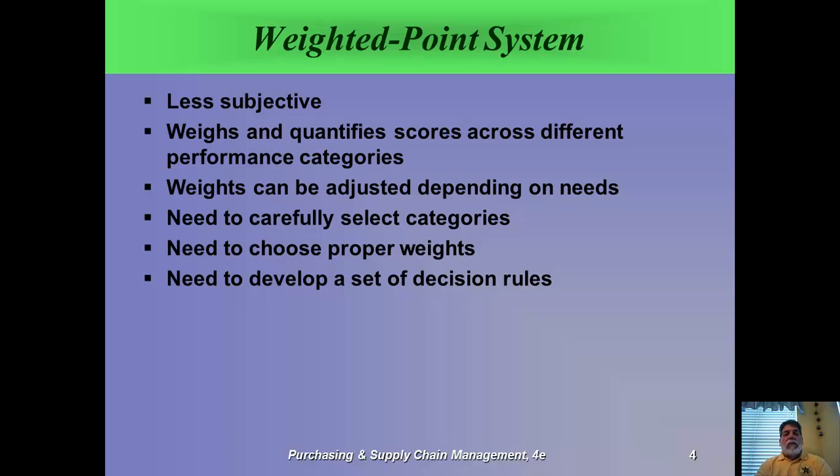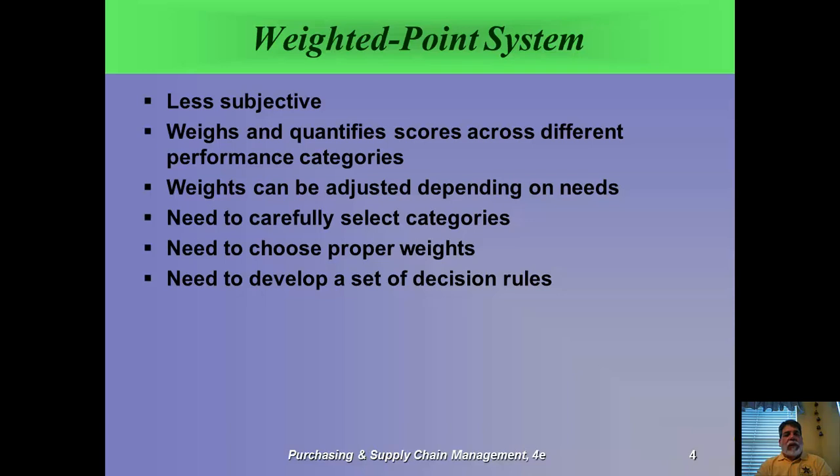Now, the weights can be adjusted depending on your needs, but I'd say find out what your real needs are, and if it's working, you can tweak it from company to company, time to time as you do this, but justify it, record it, because somebody's going to be asking you, well, what was the weight on this? You did it last year and your weight has changed this year. Why?